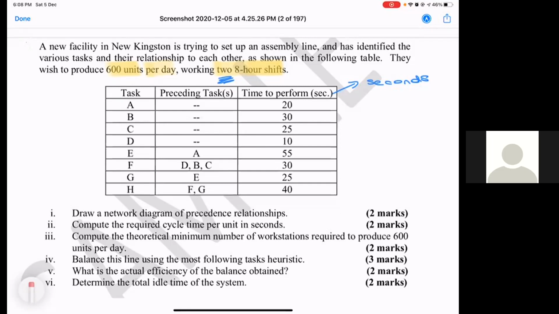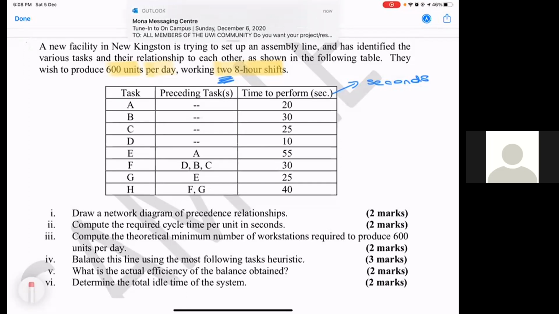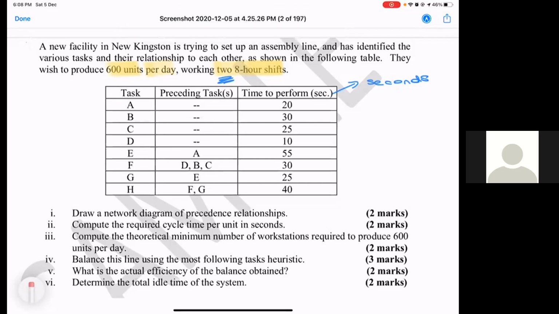In my case, I take silence as yes. So let's work through drawing the network diagram. I hope you have a table or have taken a picture of the question, because I'll be moving back and forth. I can't multitask while sharing screen.